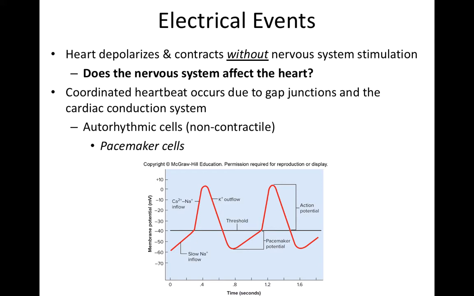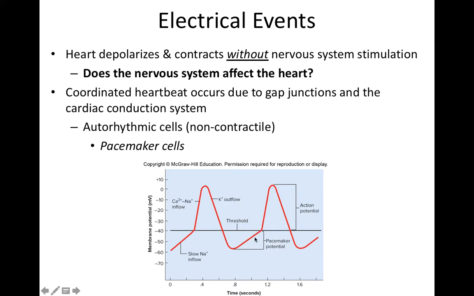In a normal cell, you come down to resting membrane potential and you stay there until you're stimulated. In these autorhythmic cells in the heart, there is a very slow influx of sodium due to the membrane structure that is going to, as soon as we get down to resting membrane potential, begin to depolarize. And when we hit threshold, we have an action potential. And then we come back down to resting and we go immediately into depolarizing.